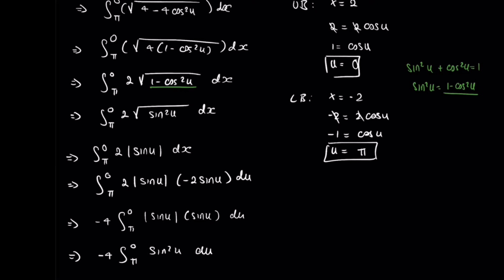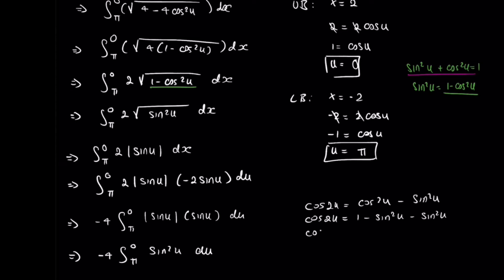Now we can make use of the double angle formula for cos 2u. So cos 2u equals cos squared u minus sine squared u. Now we can use the identity we used before again, to get rid of cos squared u. So we get cos 2u equals 1 minus sine squared u minus sine squared u.